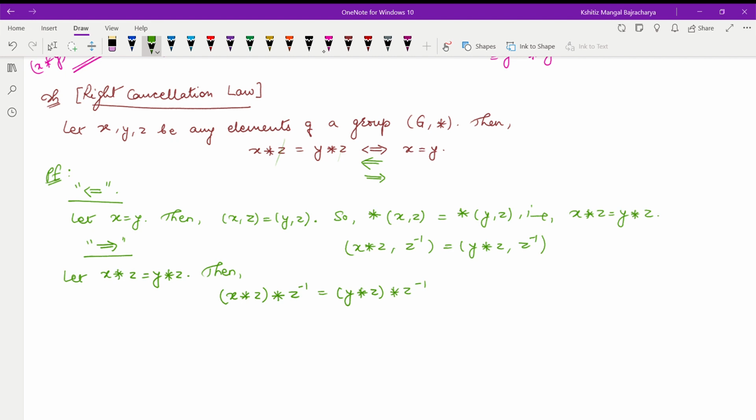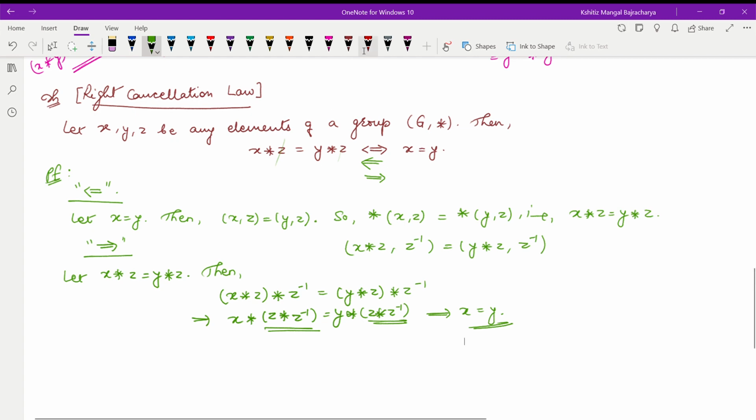Now using associativity we can do something like this. And since this gives the identity element, we can say that x is equal to y. Alright, this proves the right cancellation law.